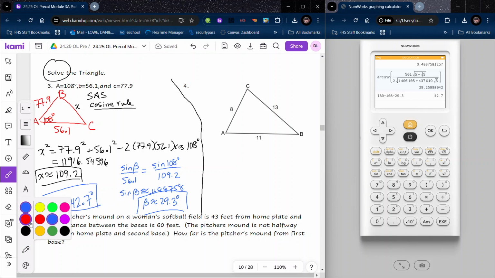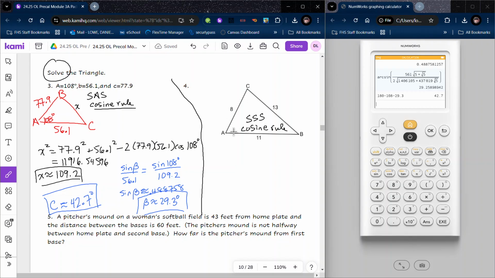Okay. If I look at my situation over here I see that I have side, side, side. So that tells me the cosine rule. And I'm always going to want to do the work with the longest side first.